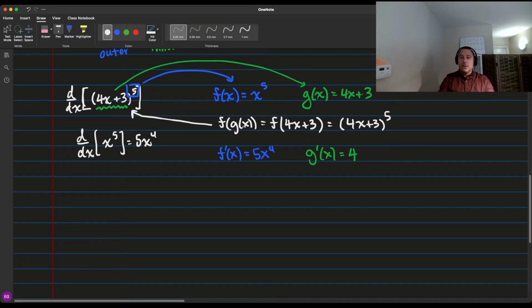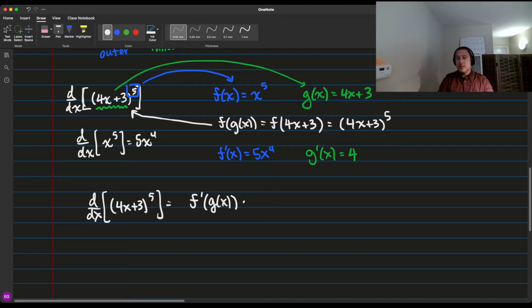So the chain rule, so take the derivative of this. The chain rule says you're going to do f prime of g of x times g prime. So you start filling things in. Well, what am I going to put into f prime? I'm going to put my g, my g is 4x plus 3.